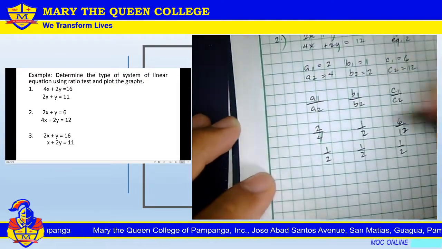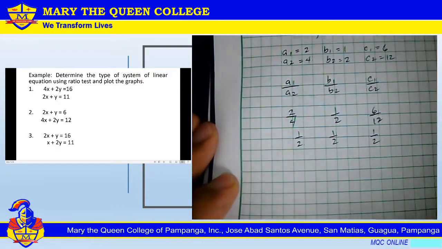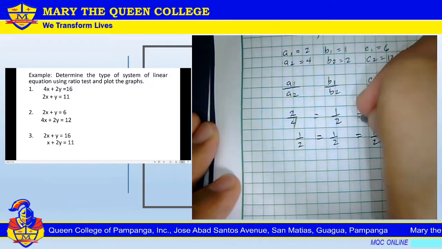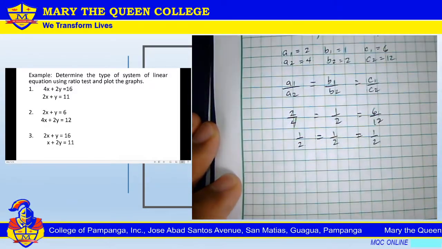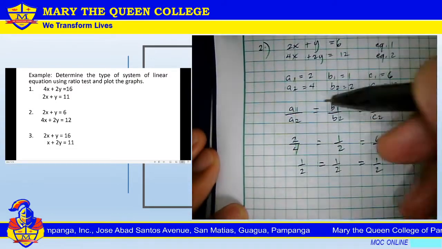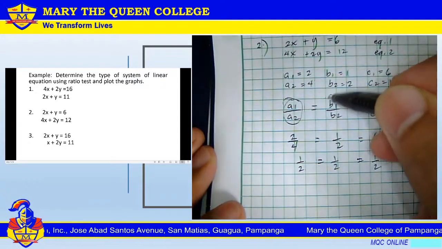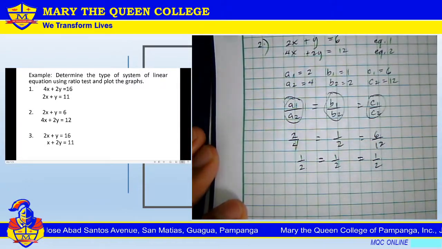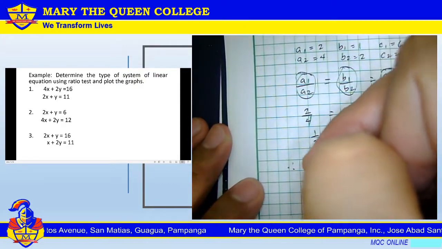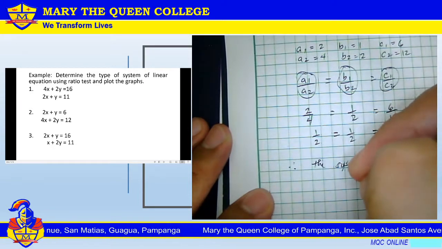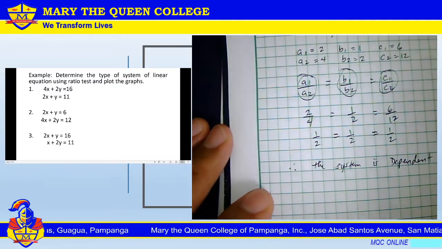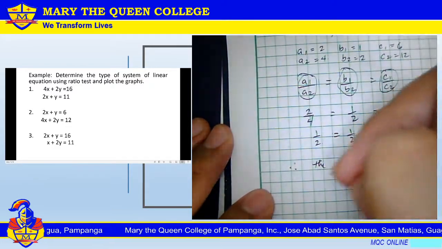Looking at our ratios, they are all equal. Using the definition for our ratio test, if all the terms for A, B, and C are equal, then the system is dependent.